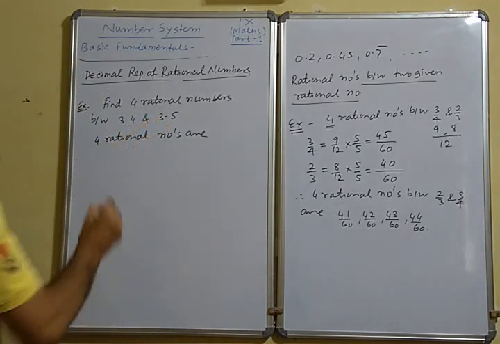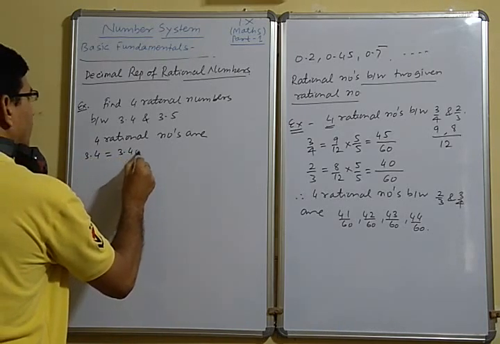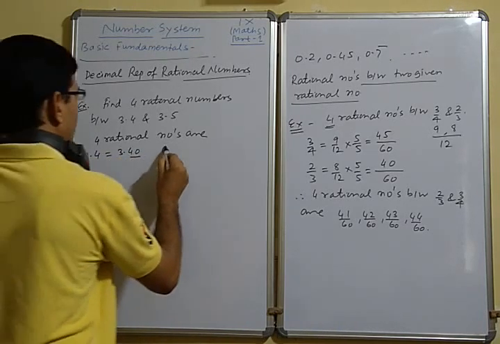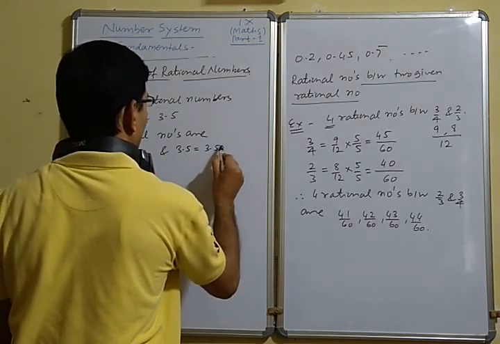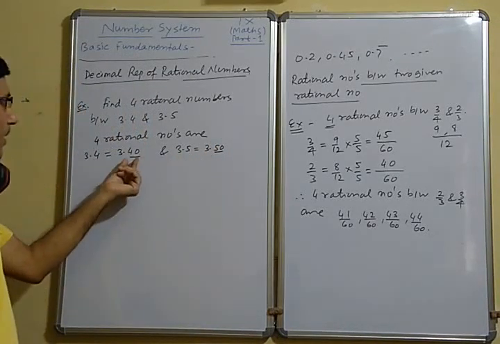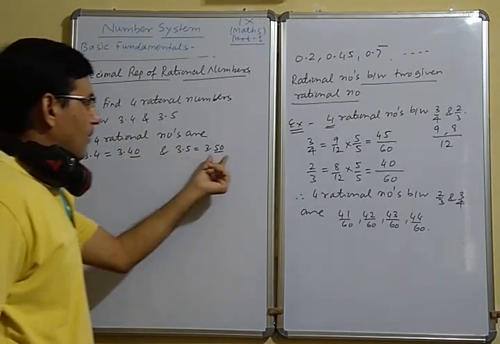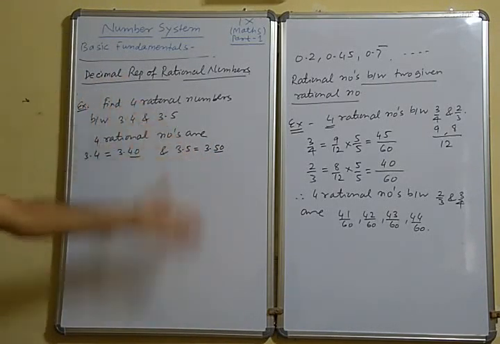So 3.4 we can write as 3.40 and 3.5 we can write as 3.50. Now there is a gap between 0.40 and 0.50, so we can write rational numbers.